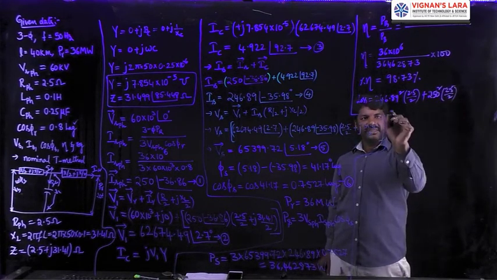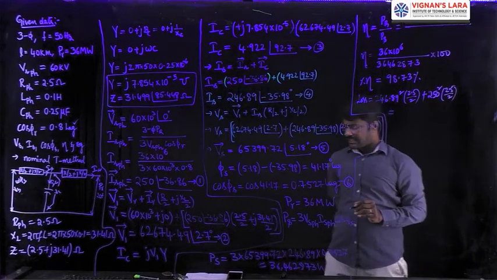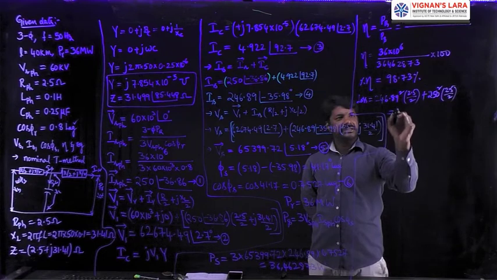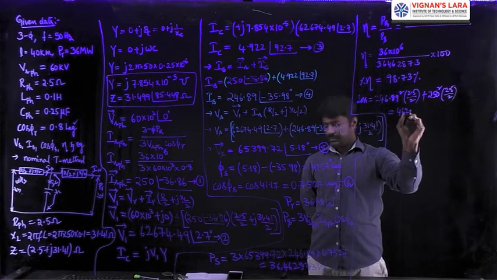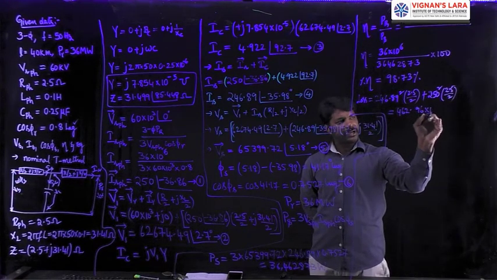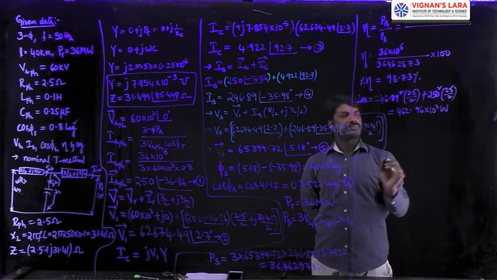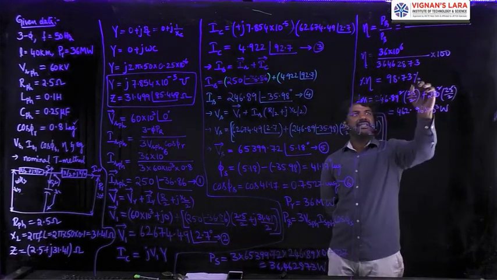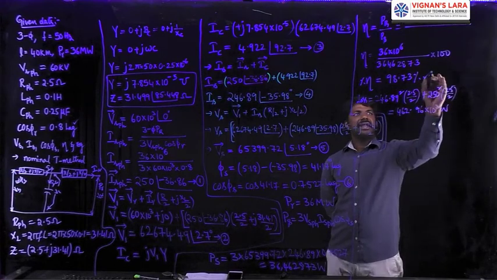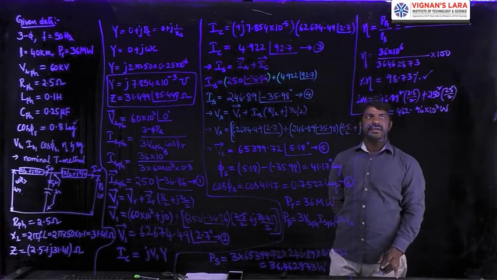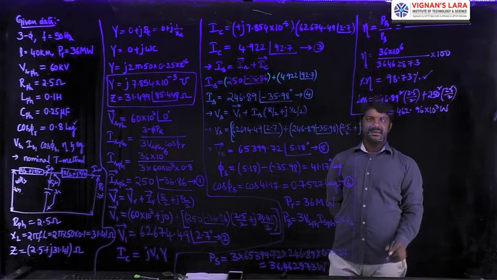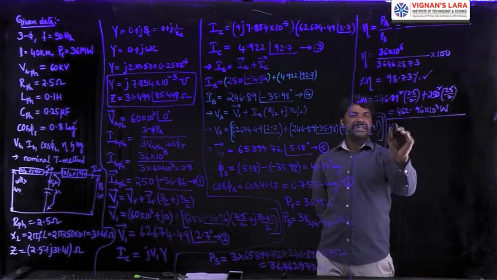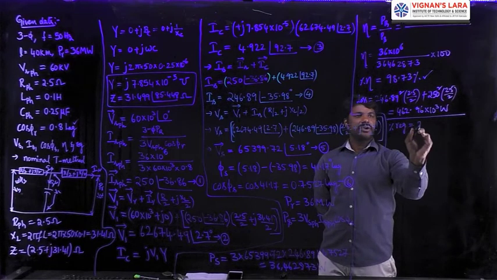If you simplify this, you will get the loss value as 462.96 into 10 power 3 watts. Using this loss also you can find out the efficiency. Again you will get the same answer, 98.73%.